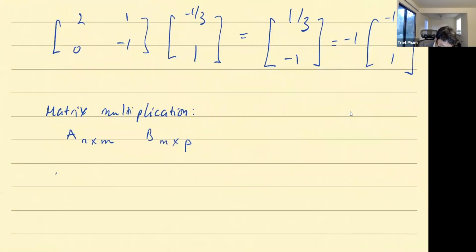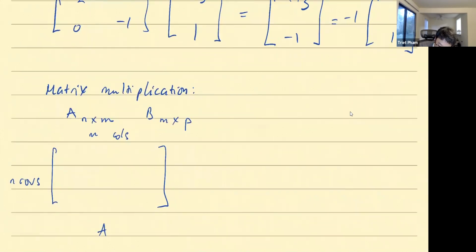So you have A with n rows and m columns, and B with m rows and p columns.